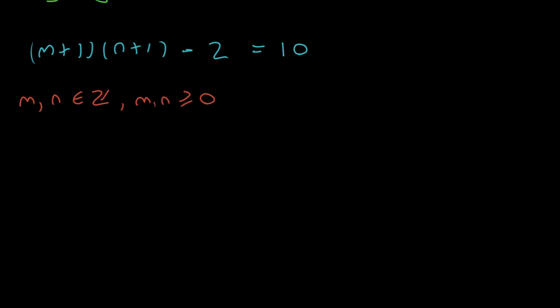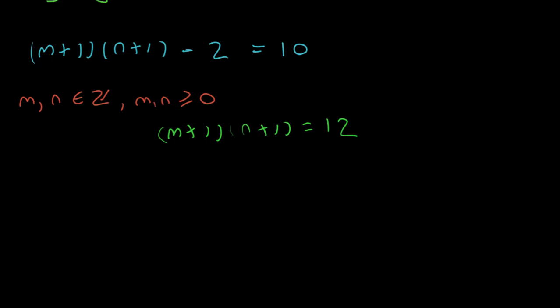A handy way to make this simpler, before we start plugging different values of m and n in, is if we move the 2 across, we end up with this equation. Hang on a minute. Well, isn't this kind of the same problem?